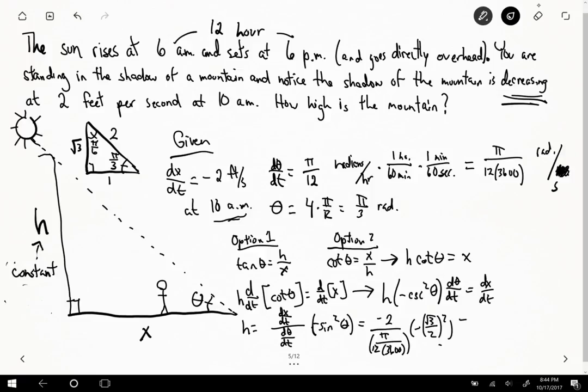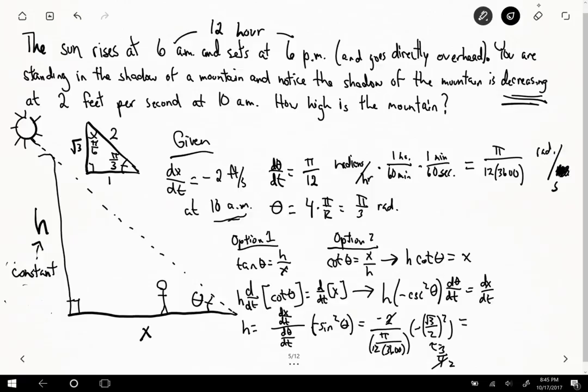So what does h equal? Let's see here. We can bring the 12 and the 3600 on up. Notice the negative and negative make positive. Square root of 3 over 2 squared becomes 3 over 4. So this 4 and this 2 will cancel and leave a 2 down below.